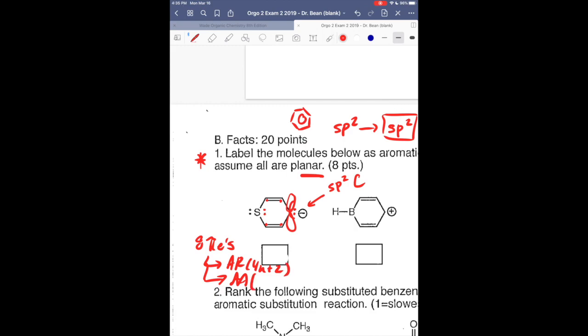And for anti-aromatic, it's going to be 4n. This is going to be equal to the number of pi electrons here. Let me put all this in parentheses.